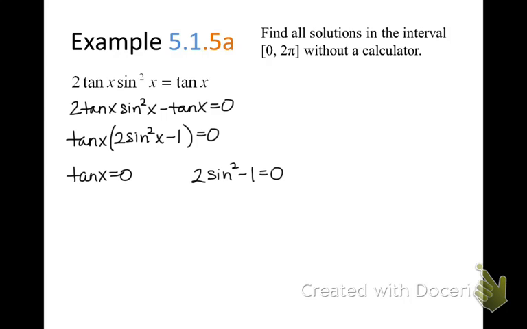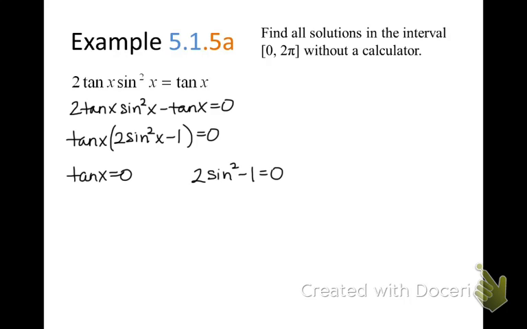Okay. Notice that, you guys, here what I'm asking for is what x values, which angles between 0 and 2 pi on the unit circle would give you a tangent value of 0. Remember that the tangent is sine over cosine. In the unit circle, sine is the y value over the x value. So when in the unit circle would you get a y value that's 0, so that you get 0 over a number to equal 0?